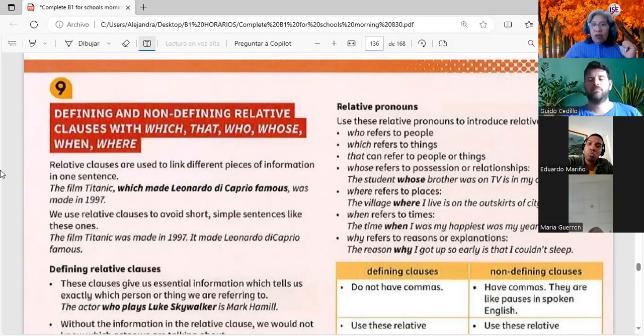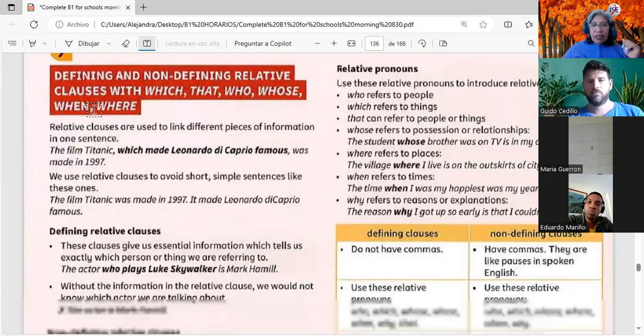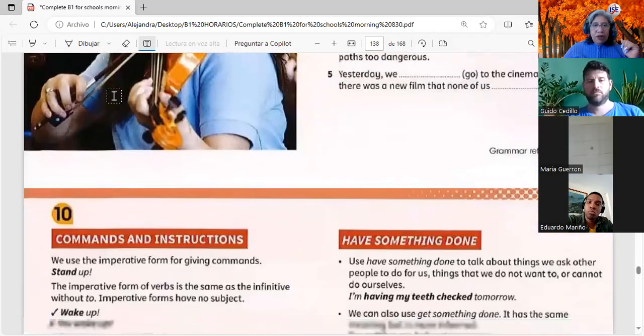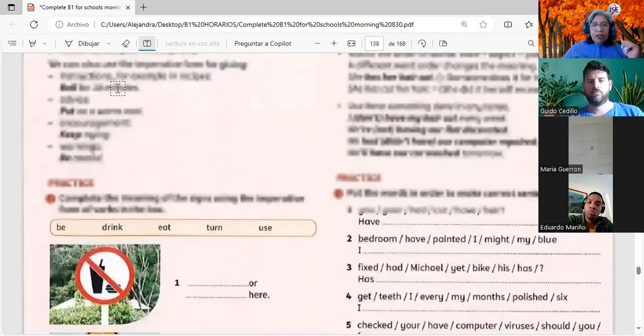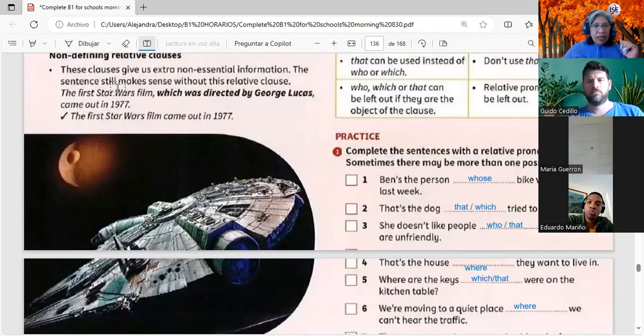So review from 5 to 8. We're just about to finish unit 9. We have past perfect here. And remember, this course has only 12 units, so we are a month or 5 weeks from finishing.